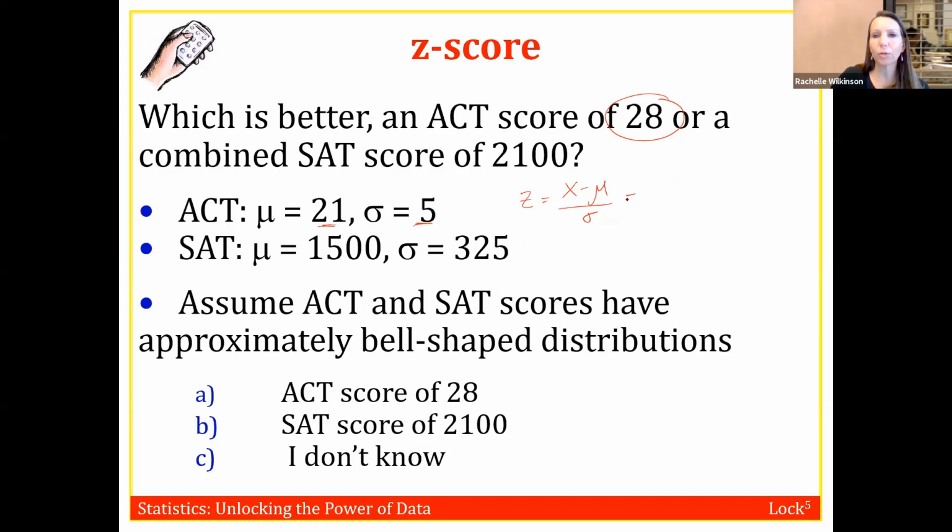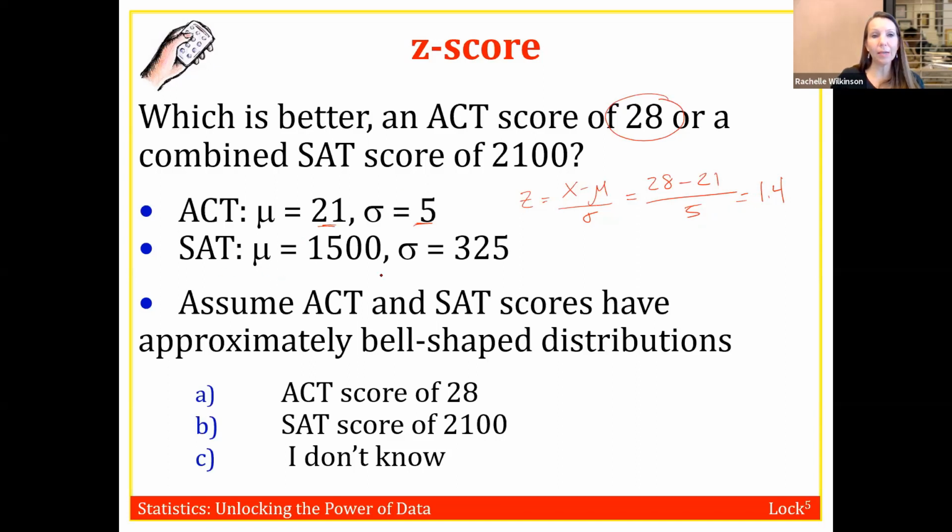In this case, it's 28. So to find the Z-score for the ACT, I would take 28 minus the mean, which was 21, divided by the standard deviation, which was 5. So 28 minus 21 is 7, and 7 divided by 5 gives me 1.4. For the ACT, I get a Z-score of 1.4.